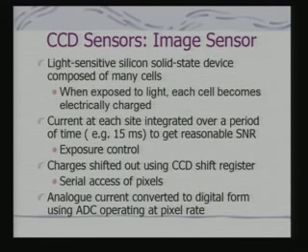Now, obviously, the output of this sensor is analog current. This has to be converted to digital form using an ADC to get the digital data, and this digital conversion has to take place at pixel rate.